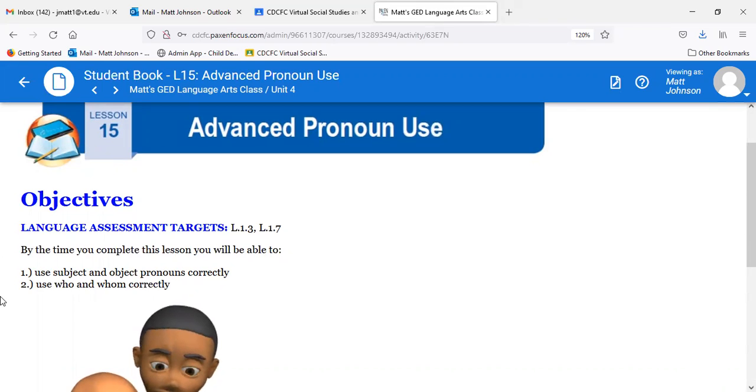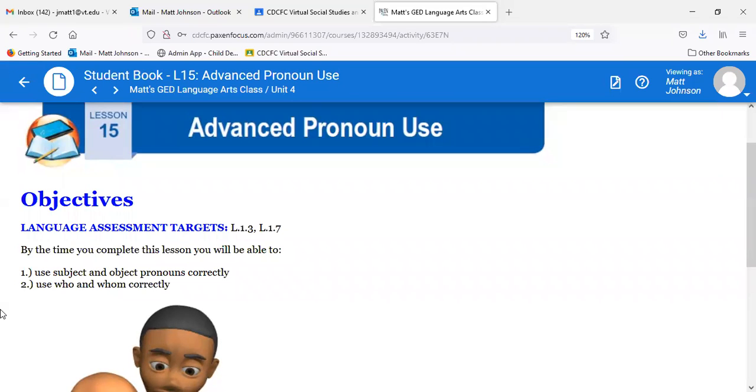Okay, so these two sections go really well together. You really have to understand where the subject is in the sentence. That's what you're looking for. And that's going to help you with correct pronoun use and correct modifier use.